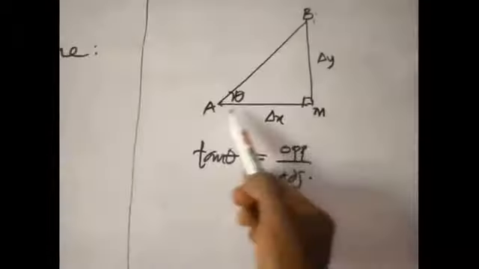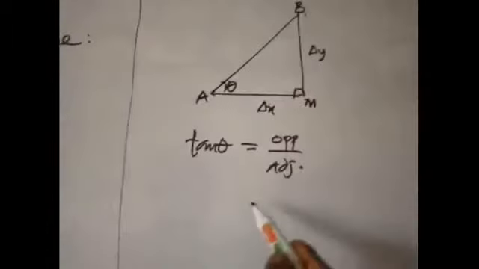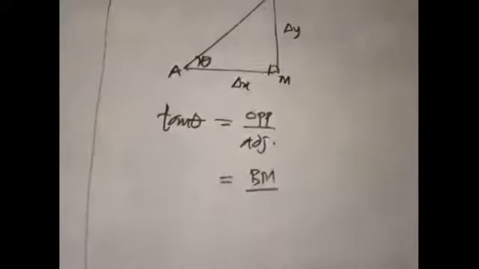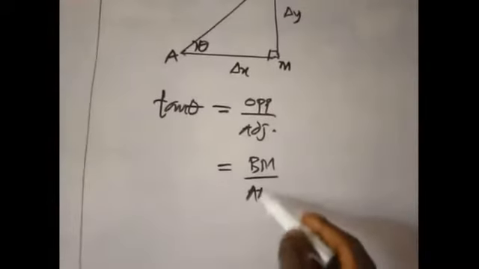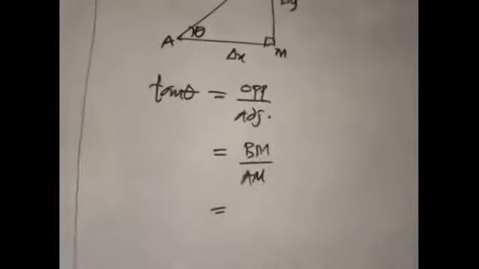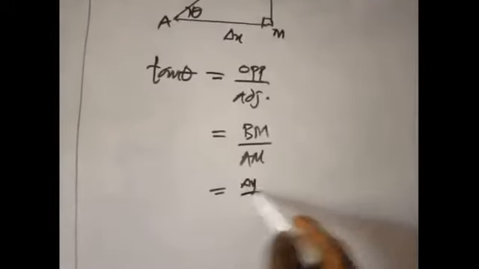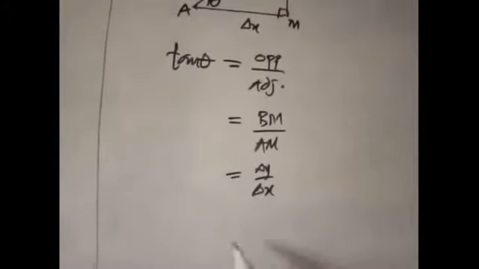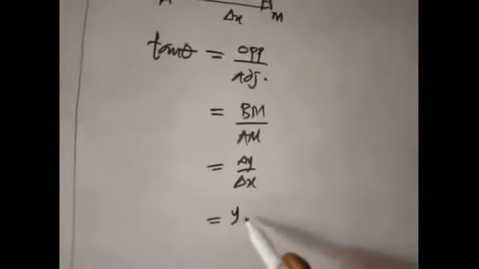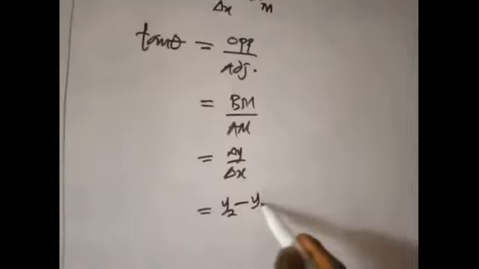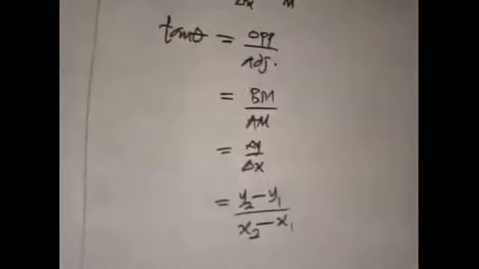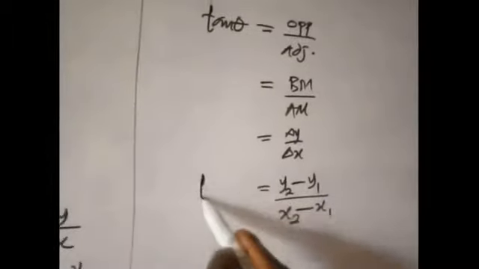The adjacent to the angle is AM, which is change in x. So BM over AM, opposite over adjacent, will be change in y over change in x, which gives us y2 minus y1 over x2 minus x1, which is tan theta.